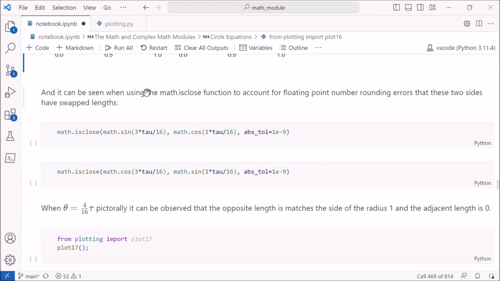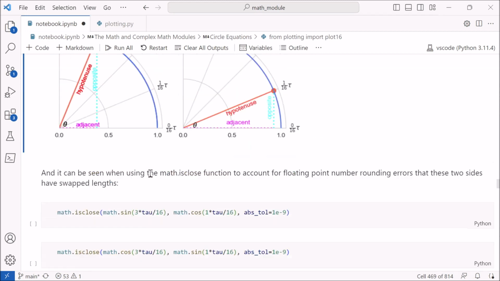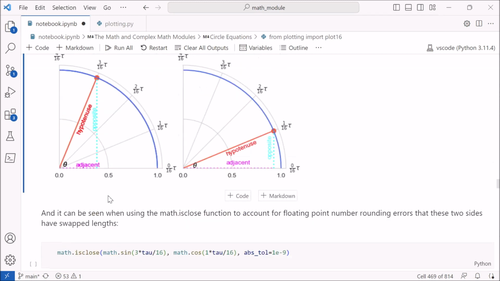So we can see whether these are the same by using the math.isclose function. And we can have a look at the sine of 3 tau over 16, i.e. this length, and see if it's close to the cos of 1 tau over 16, which is going to be this length.